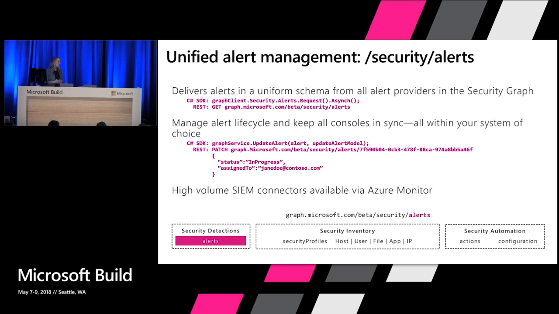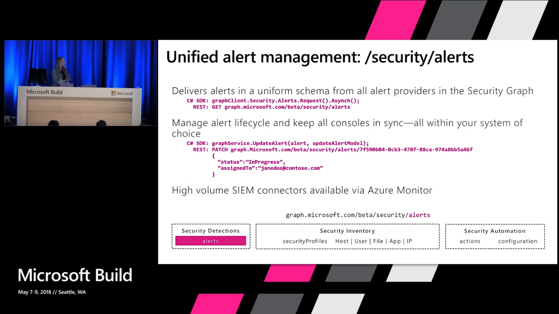So someone pulls up a security threat protection solution, and they see an alert that appears to be active, but in fact, that's being worked by an analyst and tracked in the incident response system. Now it's easy to programmatically update that alert with a patch that writes back to the alert provider, keeping all of the systems in sync and updated seamlessly.